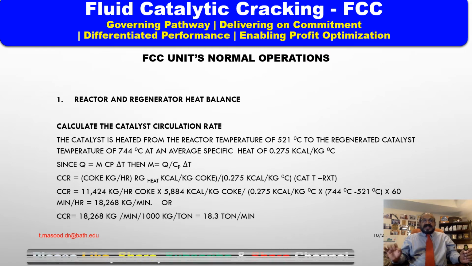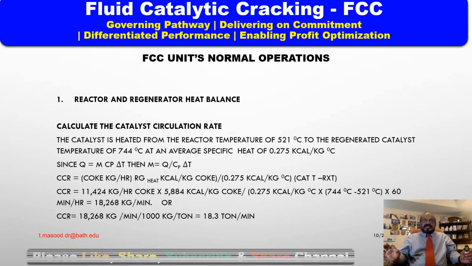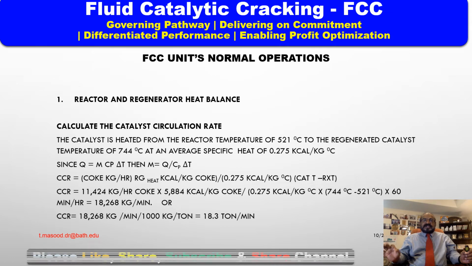So the CCR, catalyst circulation rate, is equal to coke kg per hour times regenerator heat kilocalorie per kg coke, divided by average specific heat times catalyst temperature minus reactor temperature.